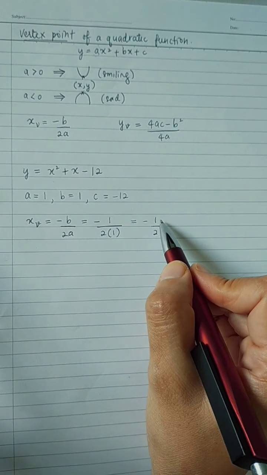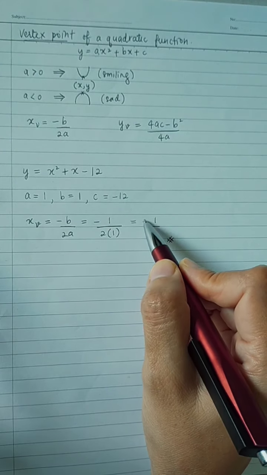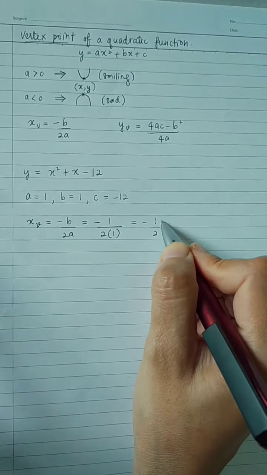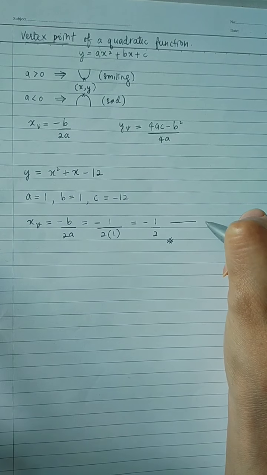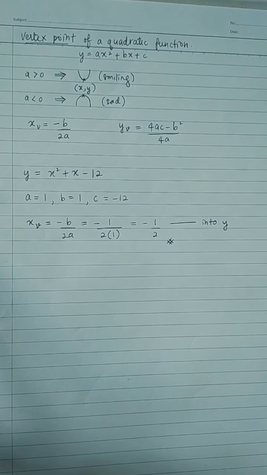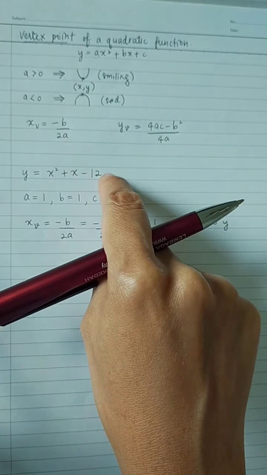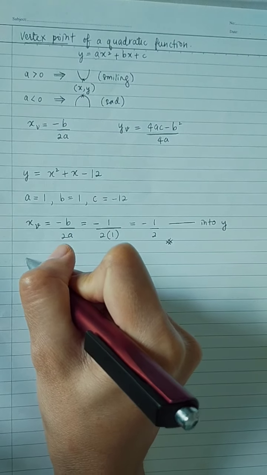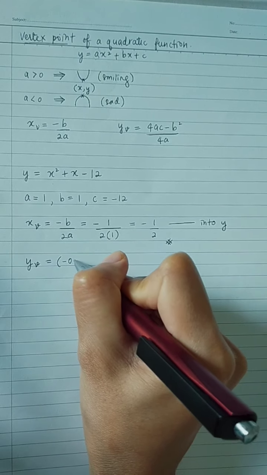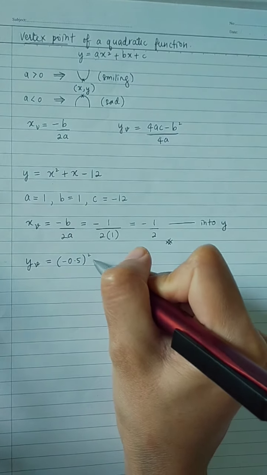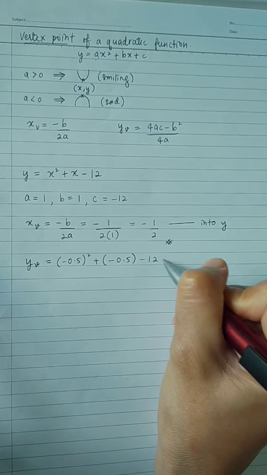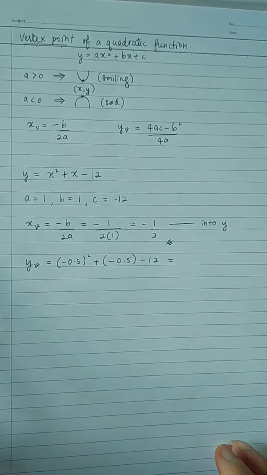Once we have found the x coordinate of the vertex, you can simply replace this into y, into the original function. So y vertex will be negative 0.5 squared plus negative 0.5 minus 12. Then use your calculator.